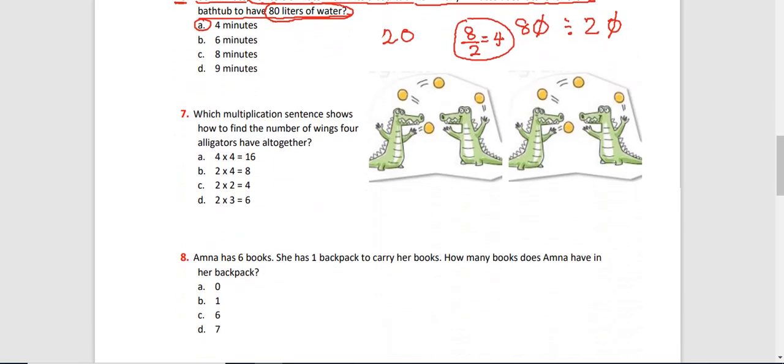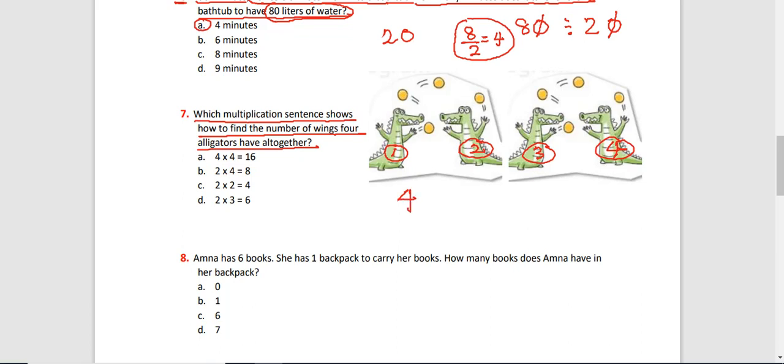Question number 7. Which multiplication sentence shows how to find the number of wings 4 alligators have altogether? So we have the image of the alligators, 1, 2, 3, 4 alligators.